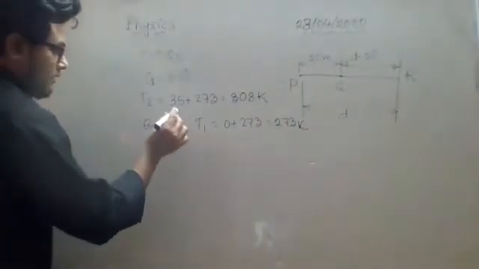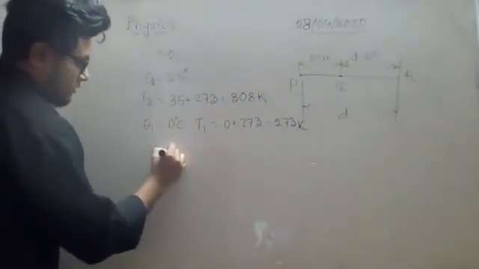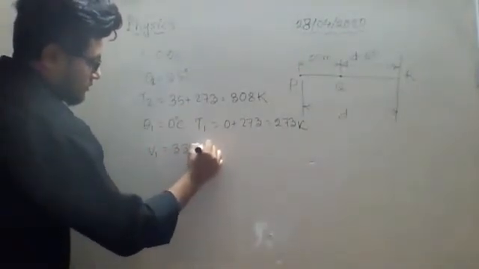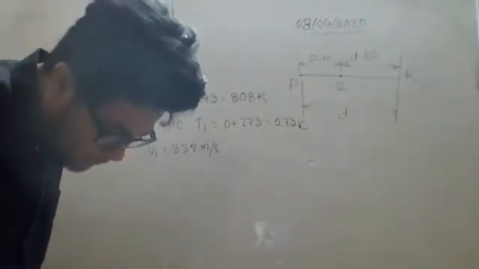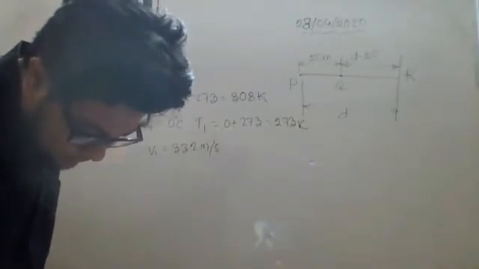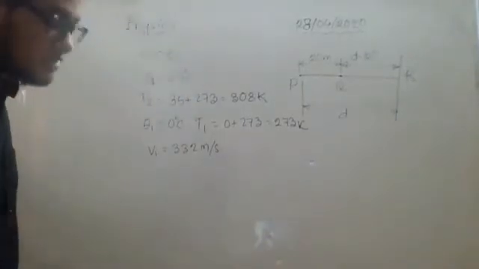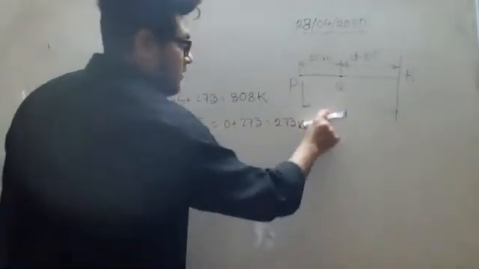Then velocity V1 is given as 332 meter per second. V2 we don't know, we have to find it out. Then we have to find the distance D.